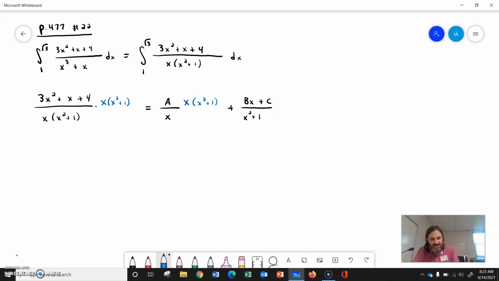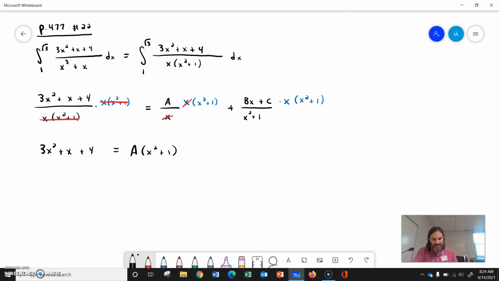Okay, so three fractions, one on the left and two on the right. I'm going to multiply through there. My only fraction on the left, my entire denominator cancels out and leaves me with just the 3x squared plus x plus 4. And then on the right-hand side, the first fraction, I'm going to lose the x, which will leave me with A times x squared plus 1.